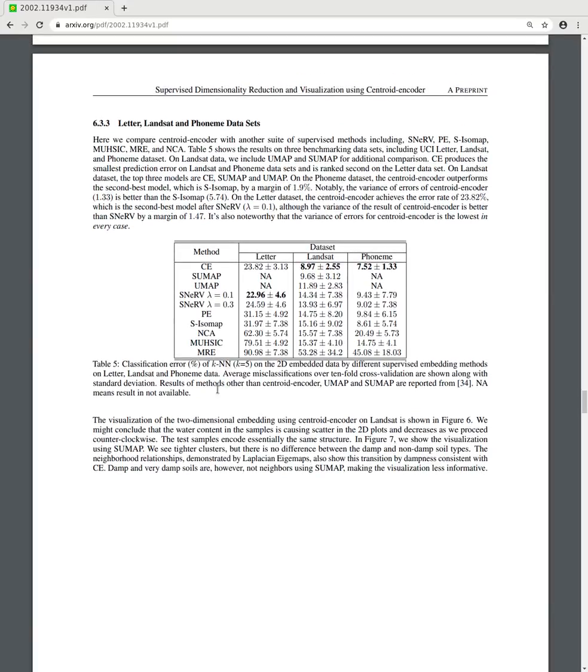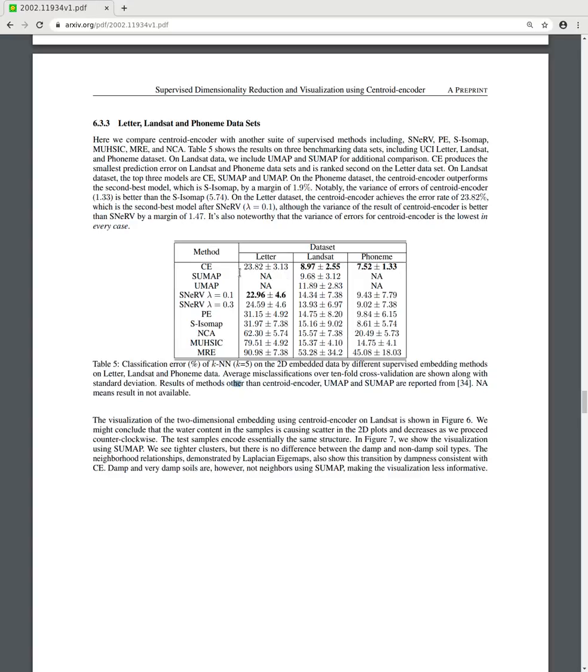Classification error of KNN on two-dimensional embedded data by different supervised embedding methods for letter, Landsat and volume data. Average misclassification over tenfold cross validation is shown along with standard deviation. Results of methods other than Centroid-encoder, UMAP, SUMAP are reported in the earlier paper.